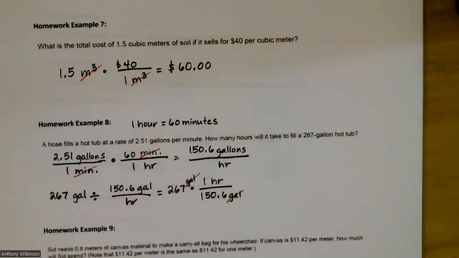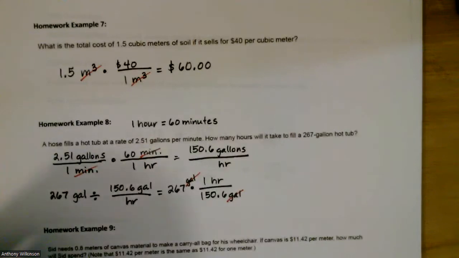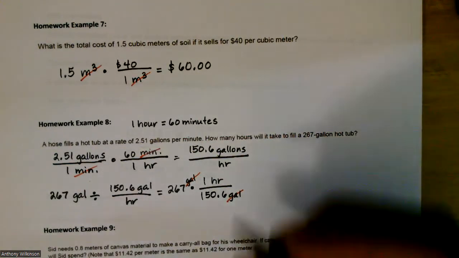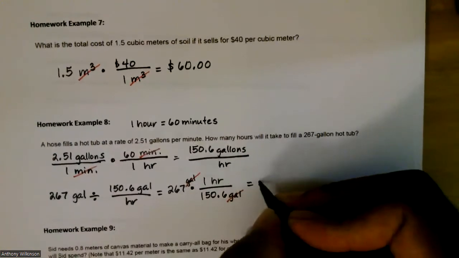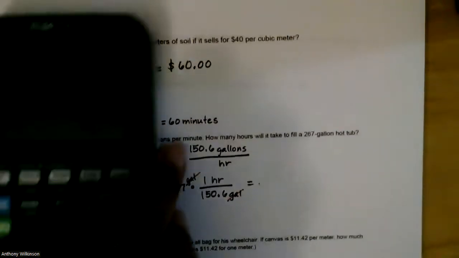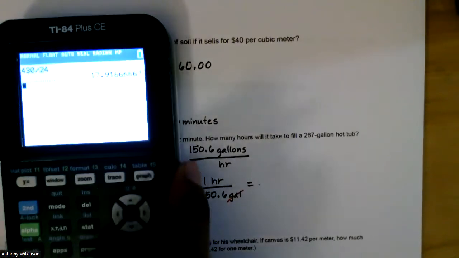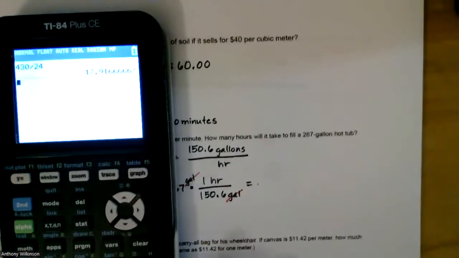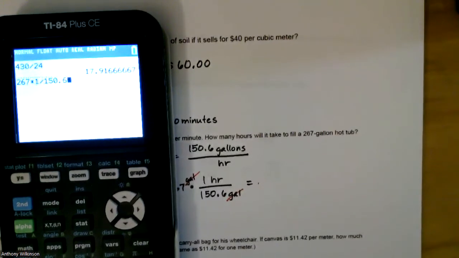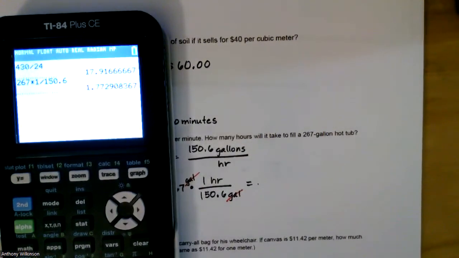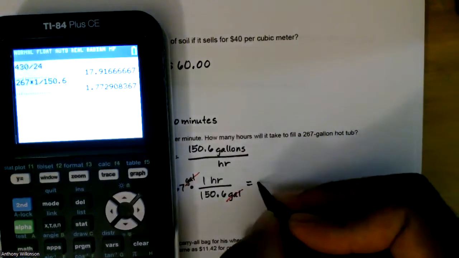Then I'm going to divide out the gallons. So I have 267 times 1, and then that's divided by 150. Now, if you round this off to 2 decimal places, now we'll show you on the calculator. 267 times 1, divided by 150. That'd be 1.77 if we round this off to 2 decimal places.